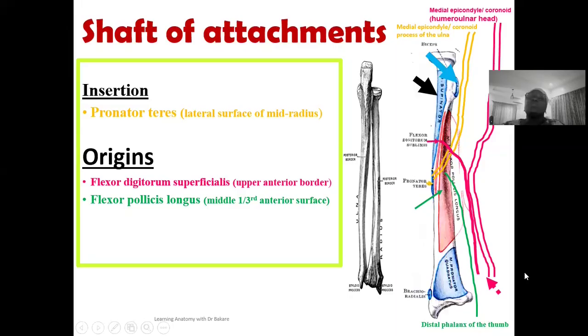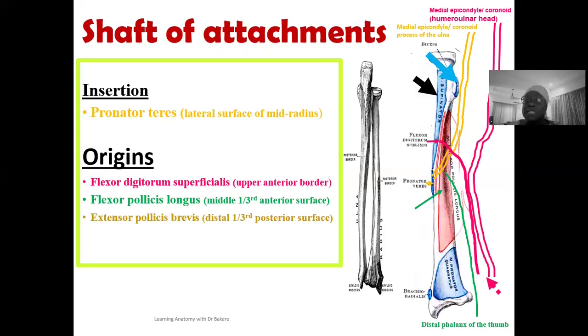So these are the muscles that are seen in the anterior region of the shaft of the radius, and they specifically take their origin from this point. Then if you go more posteriorly, you also have two muscles taking their points of origin at the posterior region of the radius. The first muscle here is the extensor pollicis brevis.